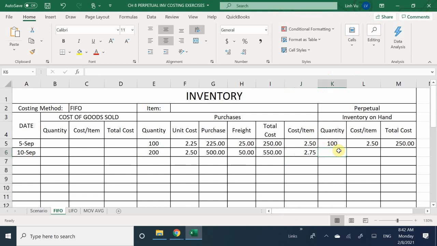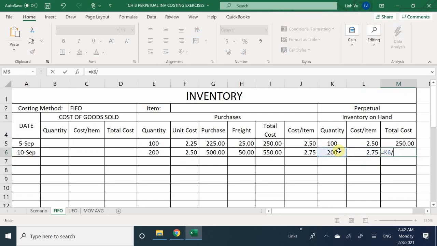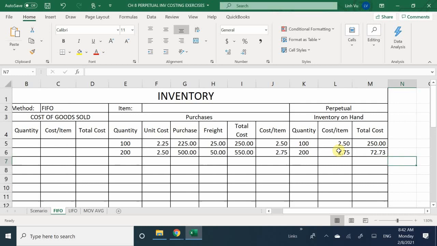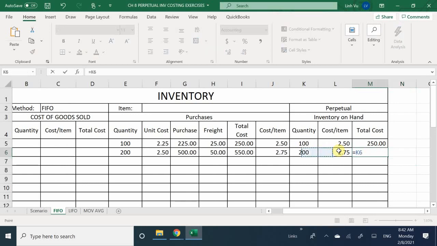So then again, I'm going to move it along into my inventory on hand. Okay, so I did not do that one right. There you go, $550. Okay.